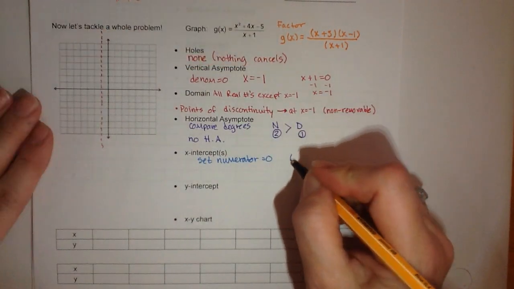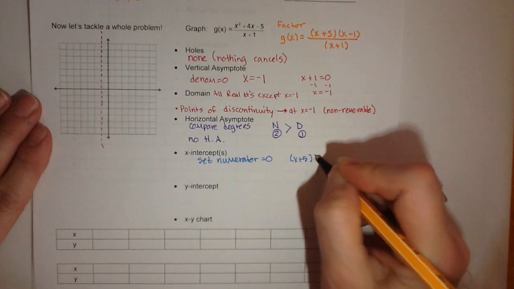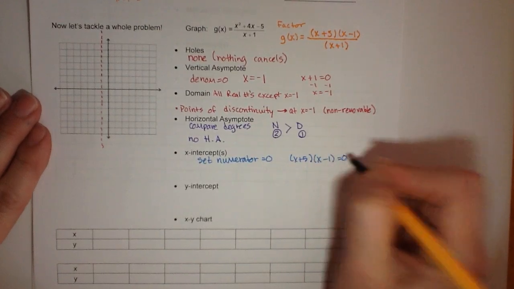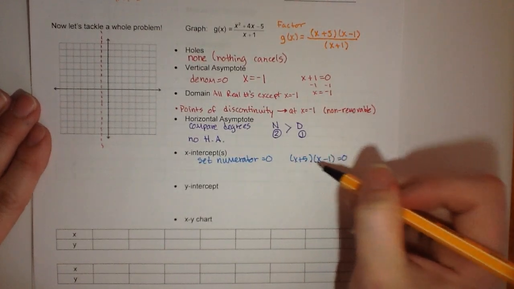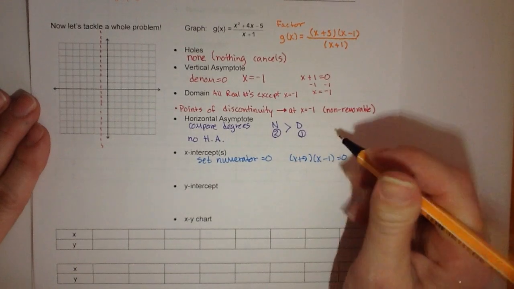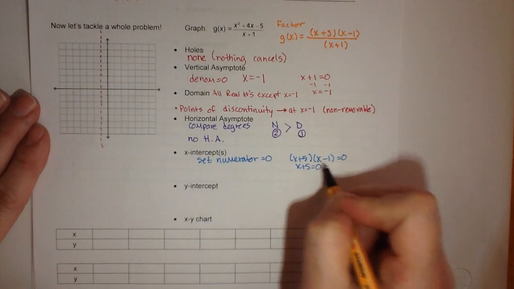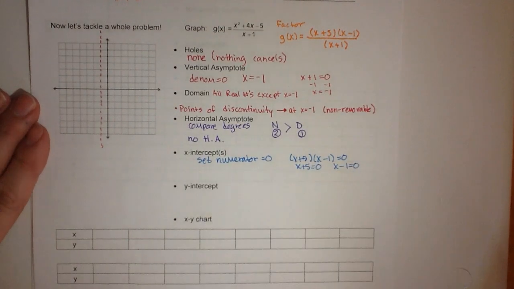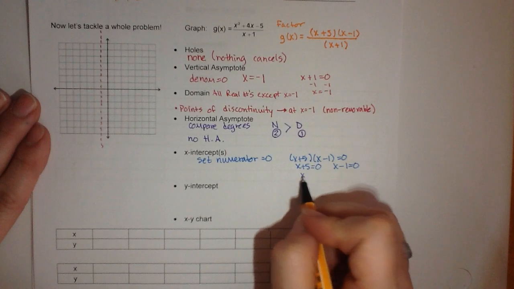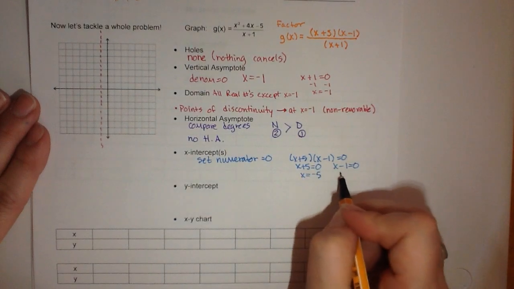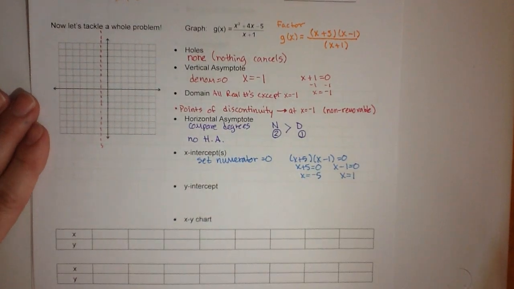So I set x plus 5 times x minus 1 equal to 0. And then after it's been factored, you set each part that contains a variable equal to 0. So x plus 5 equals 0, x minus 1 equals 0, and that's going to give me x equals negative 5 or x equals 1.